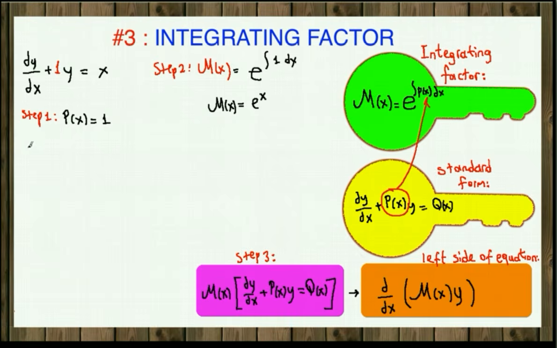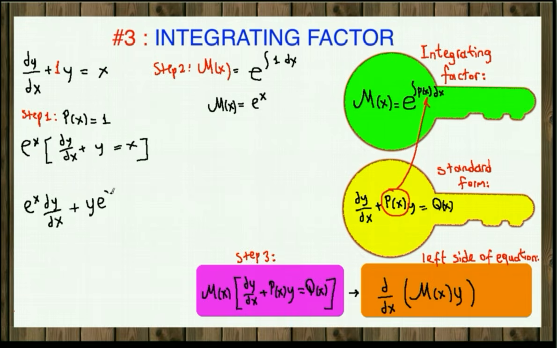Our integrating factor is e to the x times the original function dy/dx plus y equals x. If we distribute, we get e to the x dy/dx plus e to the x y, let's write it y e to the x, equals e to the x times x, let's write it x e to the x.